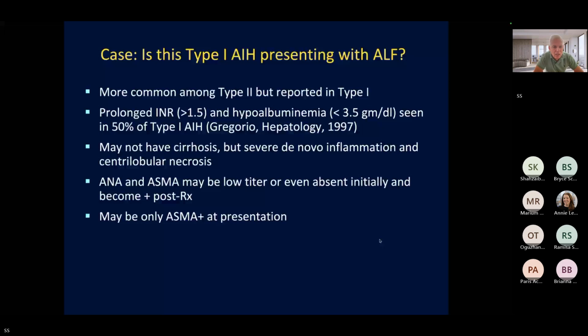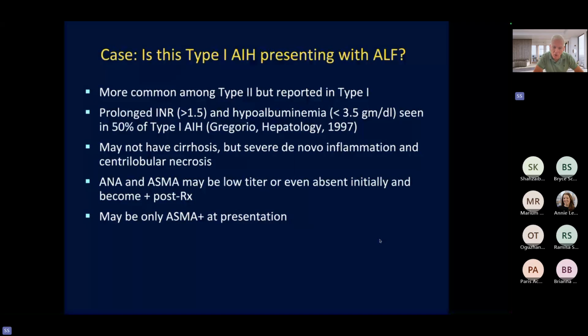Well, liver failure is more common among type 2, but has been reported in type 1. The prolonged INR and hypoalbuminemia is seen in 50% of patients with type 1 autoimmune hepatitis. This patient may not have cirrhosis, but has severe inflammation and central lobular necrosis.